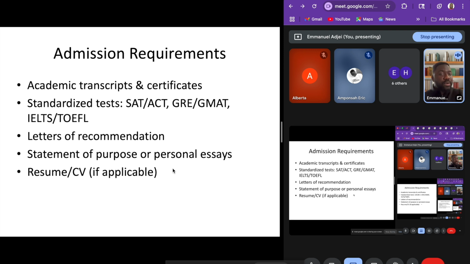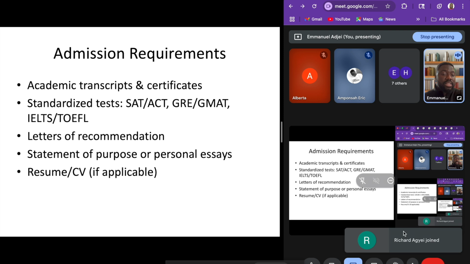If you are not aware of what this document is, we can also have another session concentrating only on the statement of purpose. This is just like a motivational letter you need to include as to why you are applying to the program, why you chose the university, your educational background and professional experience, and why you think you are the best fit for that program.